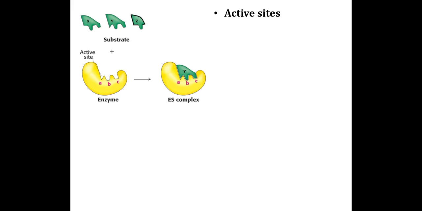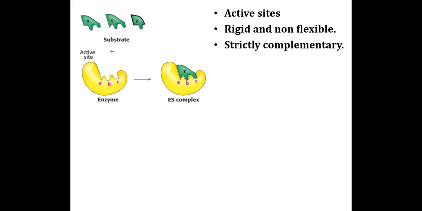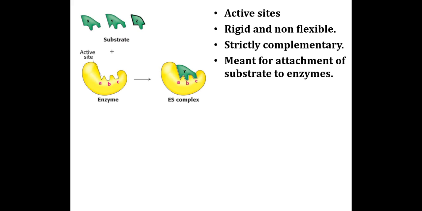So every enzyme has active sites. These are formed by the amino acids and their residue arrangement. These active sites are rigid, they are not flexible, they do not change their conformation, and they are strictly complementary to the substrate.